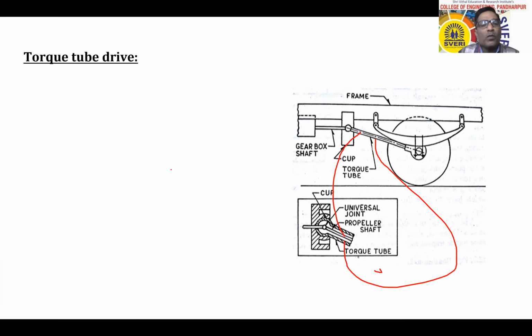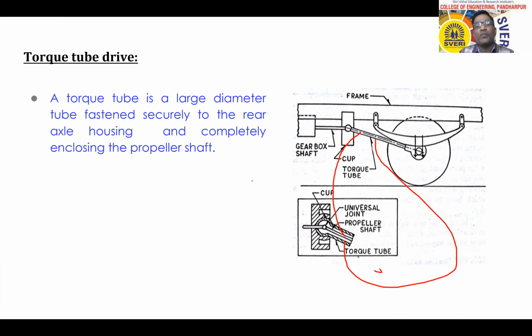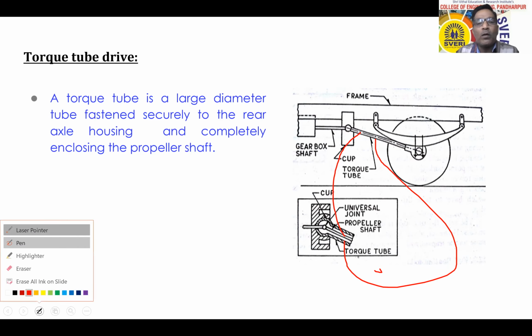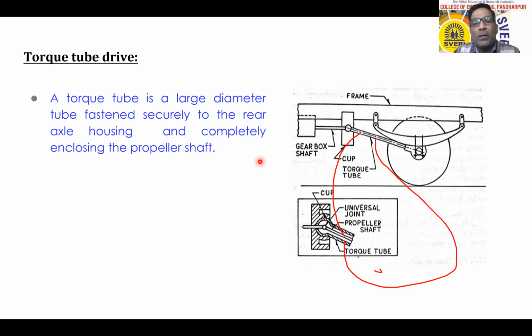So what is the difference between the Hotchkiss type and the torque tube type? So you can see, in case of the torque tube type of propeller shaft, a tube is provided that covers the propeller shaft.